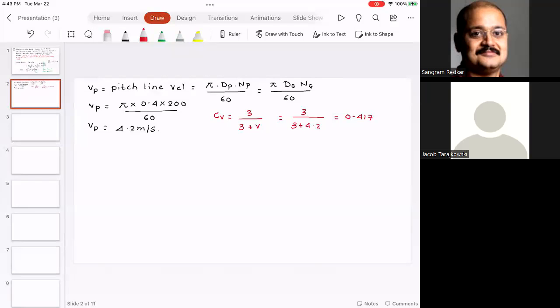Now we have to find out the Lewis form factor, YP, and it goes without saying, since the gear and pinion are of the same material, the pinion is weaker and will be designed.